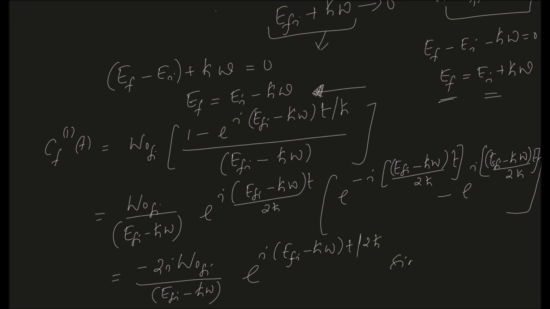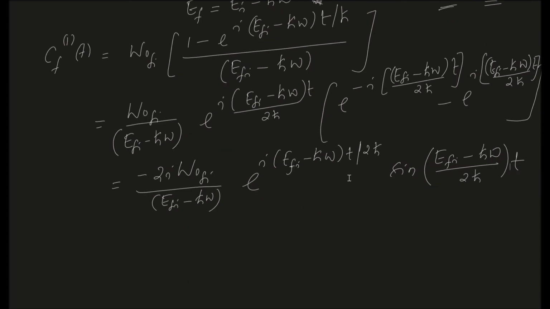Then you will get a sine term, sine of (E_f - E_i - ħω) by 2ħ into t.